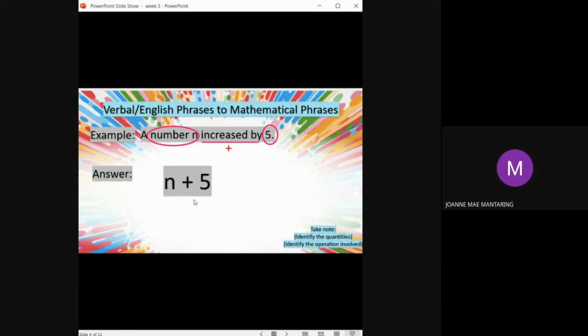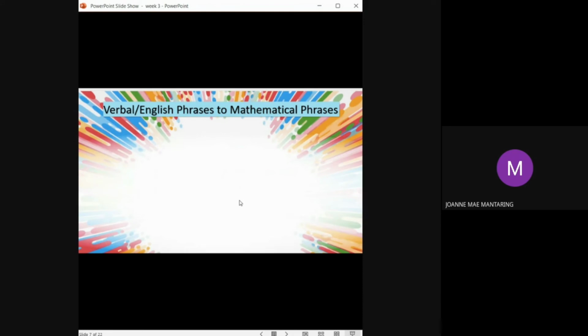And that's it. Okay, so madali lang siya. All you have to do is to be familiar with English keywords ng ating mathematical or algebraic expression. Kailangan maging familiar doon. So anong gagawin? Basahin ng basahin, reviewin ng reviewin.